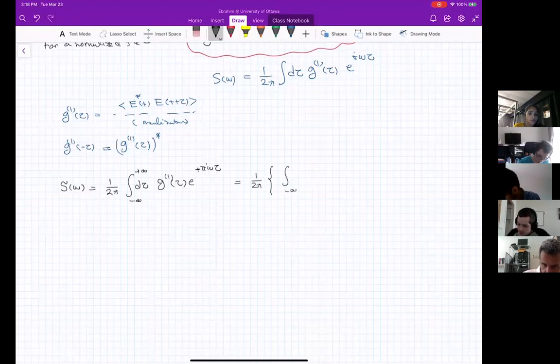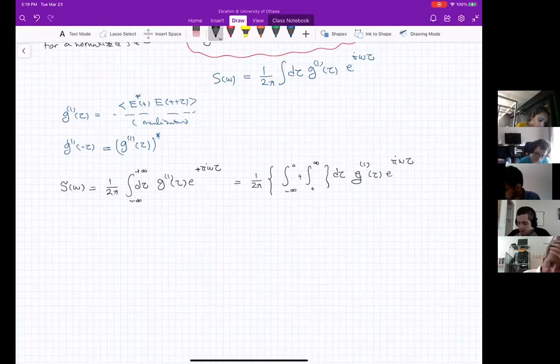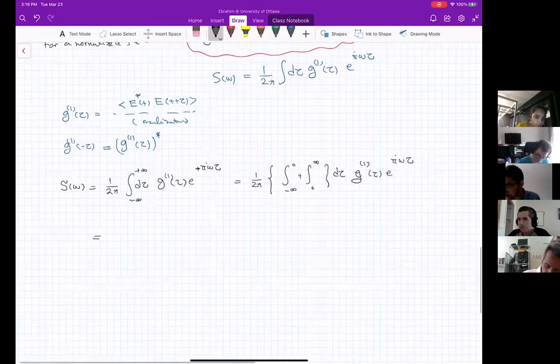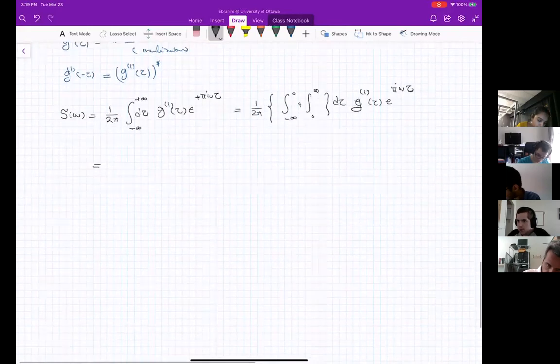integral of minus infinity to 0 plus integral of 0 to infinity of d tau, G1 of tau e power of i omega tau.